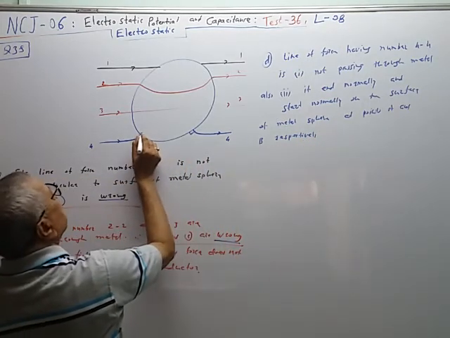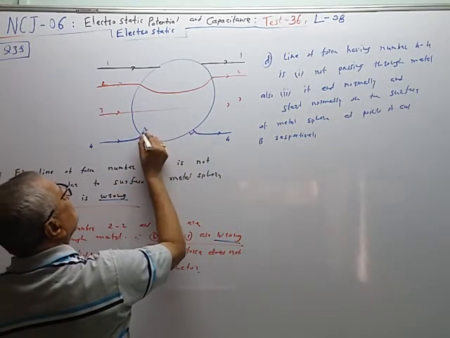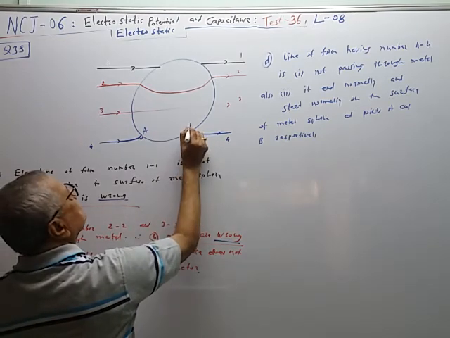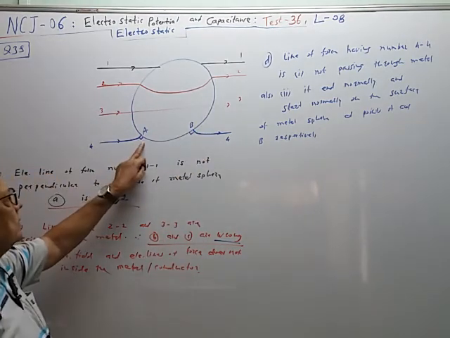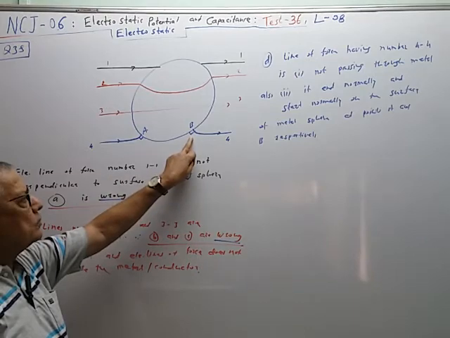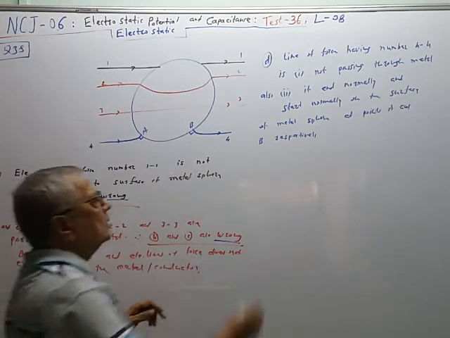So this point is A, this point is B. It ends normally, this angle is 90 degree, and starts normally at point A and B respectively.